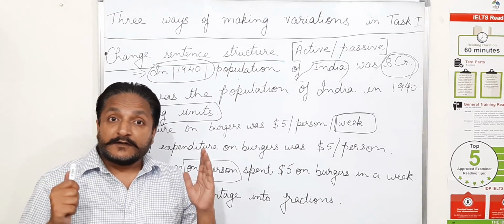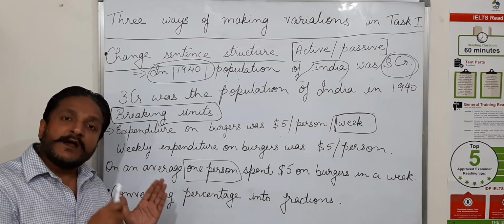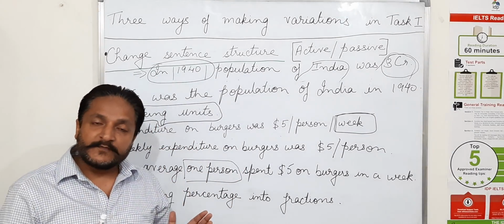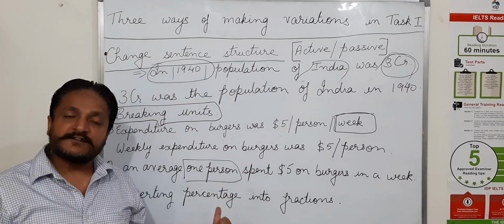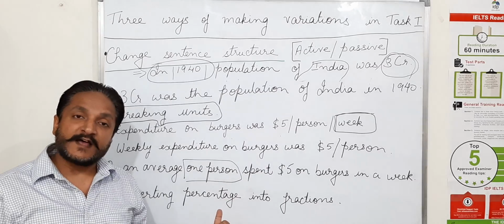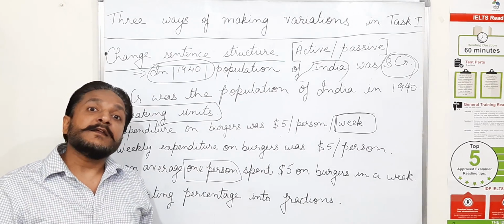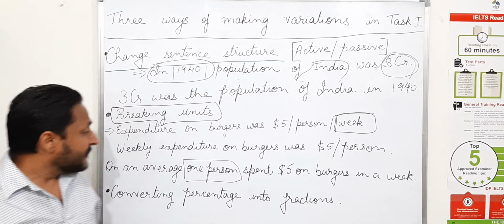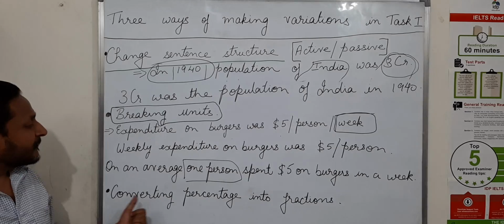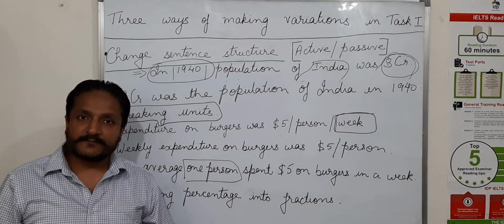So guys, you need to keep three things in your mind while attempting your task 1. First of all, see what all methods of making variations are applicable on that particular graph, and then incorporate it accordingly. And the third thing is converting percentage into fractions.